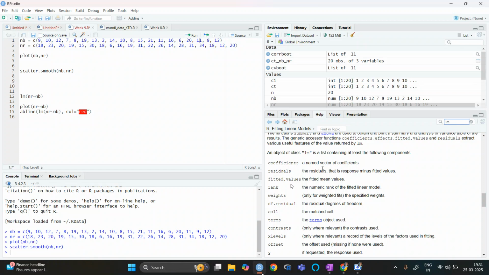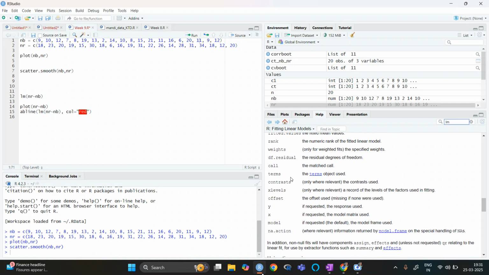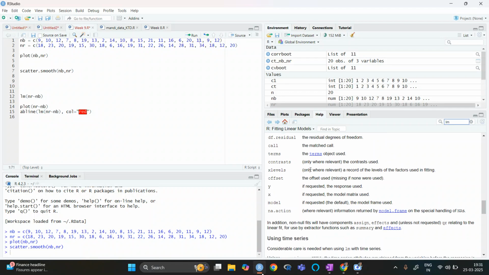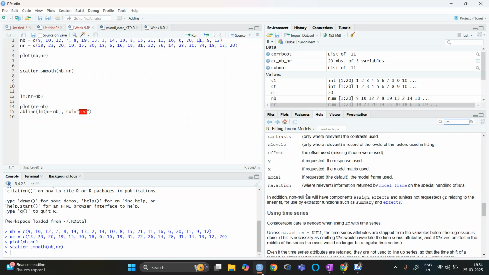This is the residual. Then the fitted values. Then rank, the numeric rank of this fitted linear model, the weights of this model if we have given any weights, the degrees of freedom, and then x, y, etc.